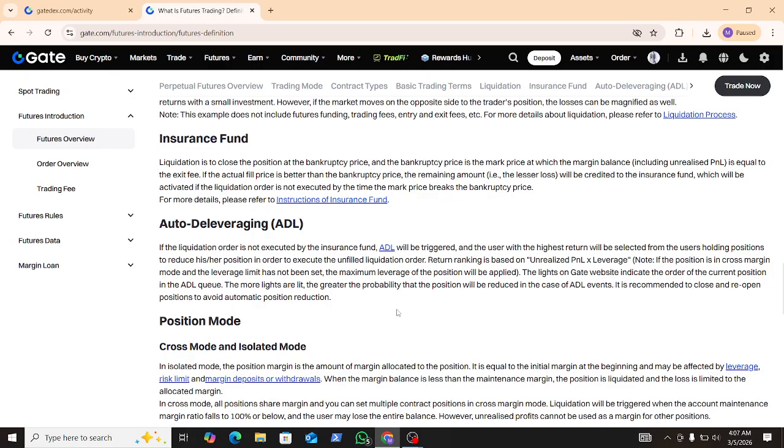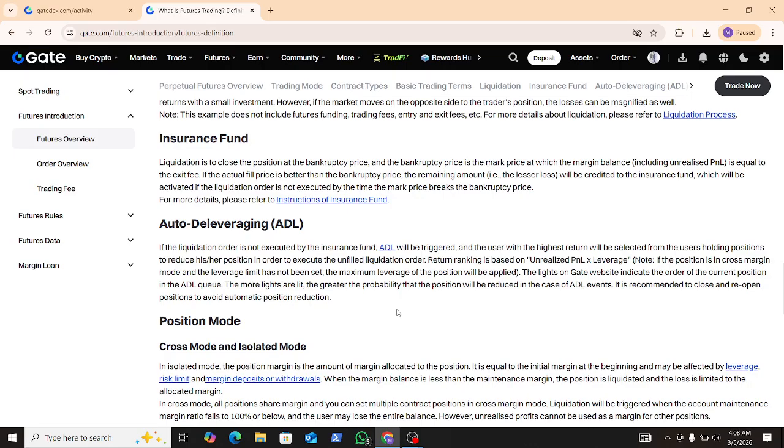which will be activated if the liquidation order is not executed by the time the mark price breaks the bankruptcy price. For more detail, please refer to the instruction of the insurance fund. Auto-deleveraging, ADL.